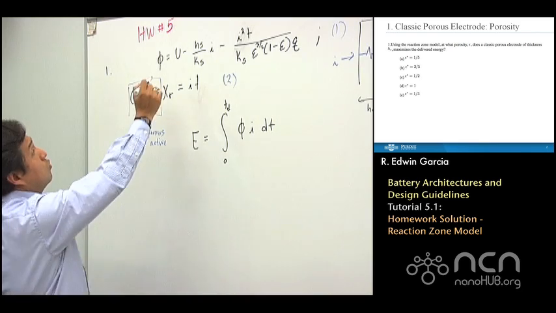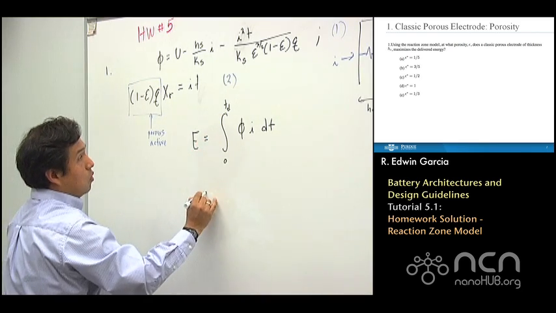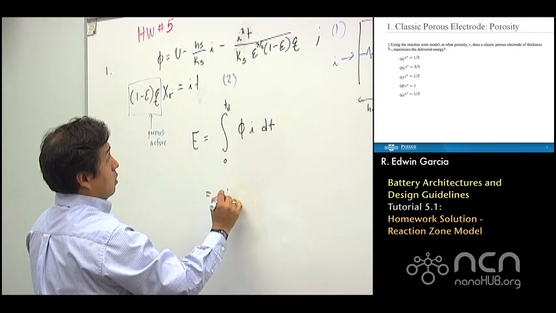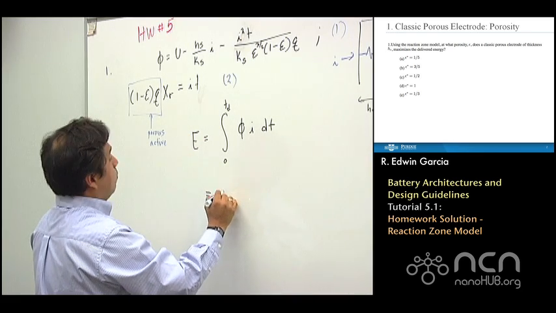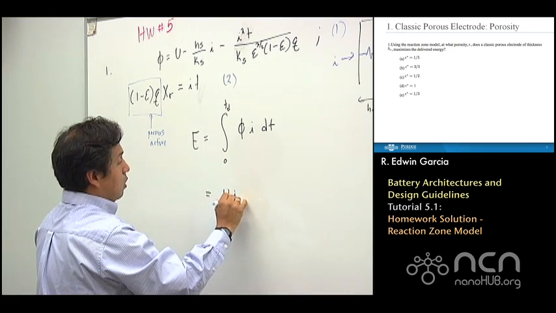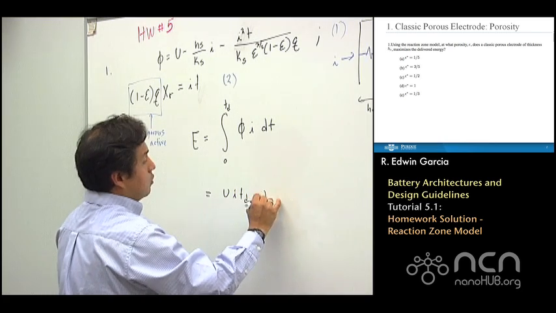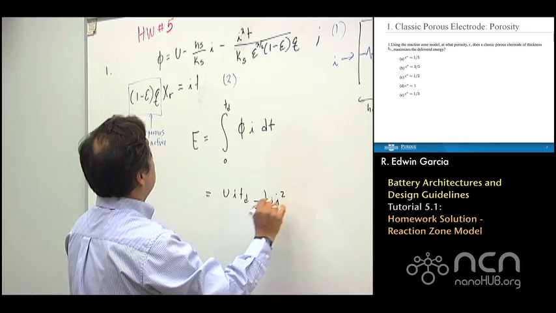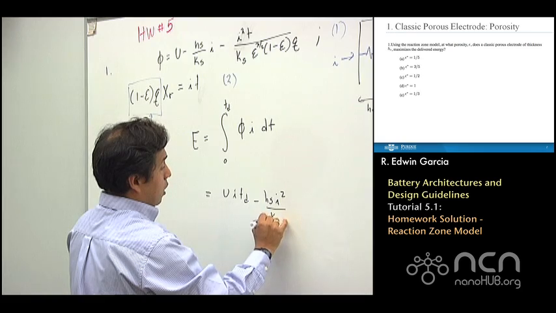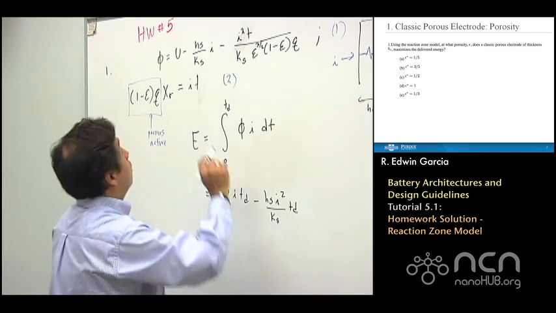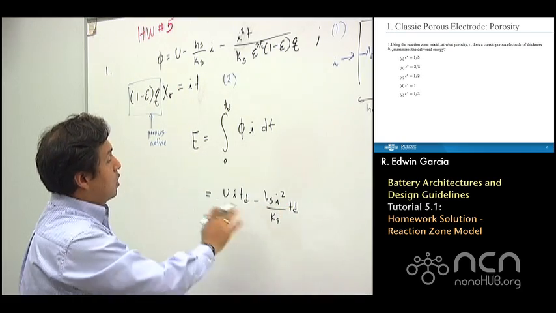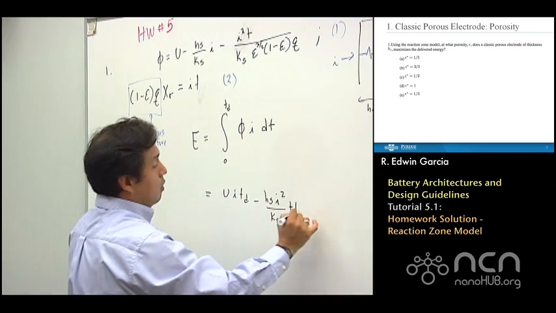That requires us to take equation 1 and substitute it in there, and if we integrate that, we get U I times t sub D minus H sub S I squared over kappa S times t sub D. These two terms don't have any time dependence, and that's why we can just multiply those terms like that.